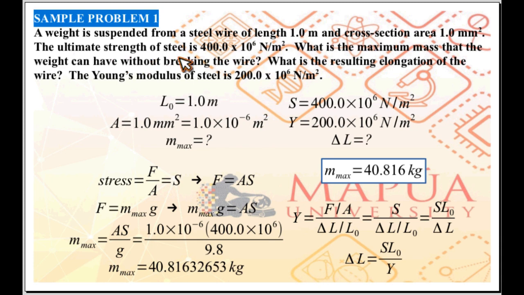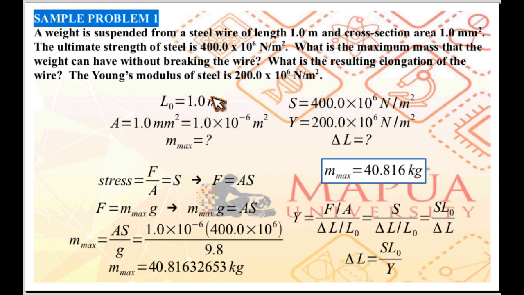The ultimate strength of steel is given. Let that be S. S is equal to 400 times 10 to the 6th power Newton per meter squared. Likewise, Young's modulus of steel is given. Let that be Y. Y is equal to 200 times 10 to the 6th power Newton per meter squared.